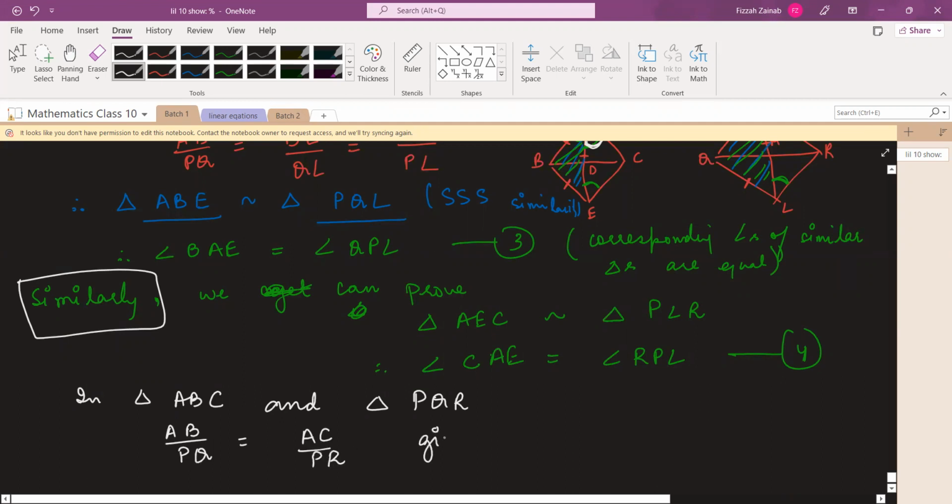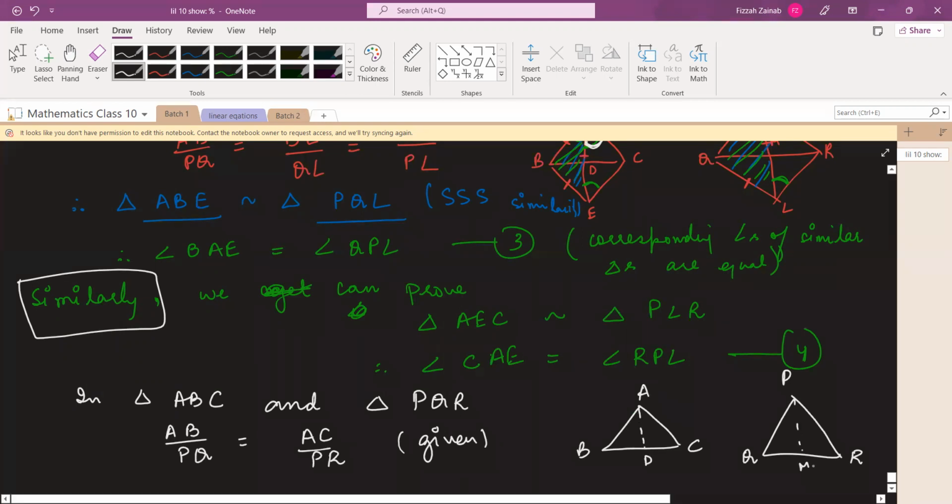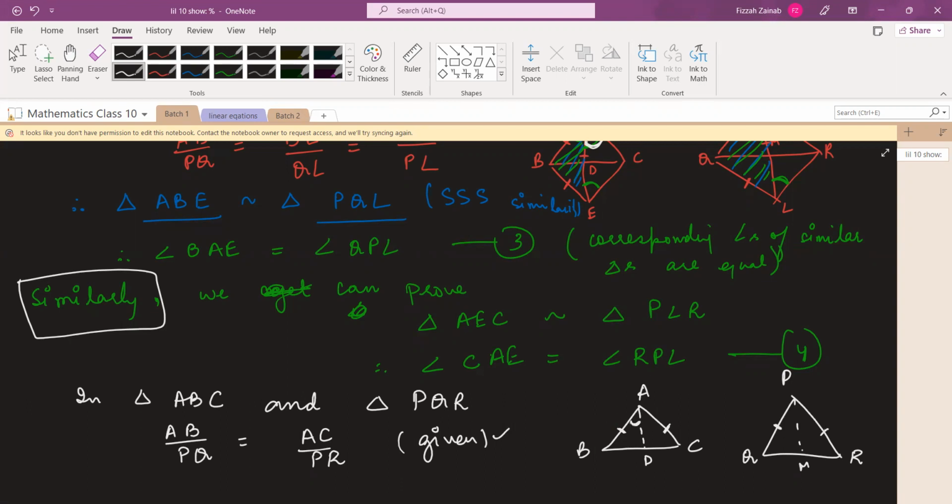Like, look here, this is the triangle. I'm drawing it again because it's not visible on my screen. So this was actually the given figure. This was already given, that this side AB is in proportion to PQ, and this side AC is in proportion to PR. And by the whole process, we have now shown that this angle CAB is this angle.